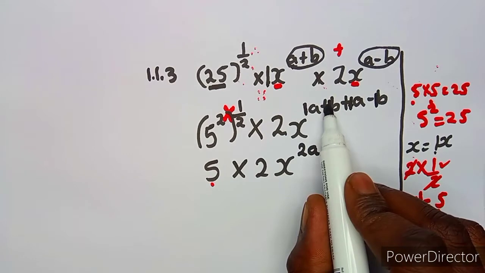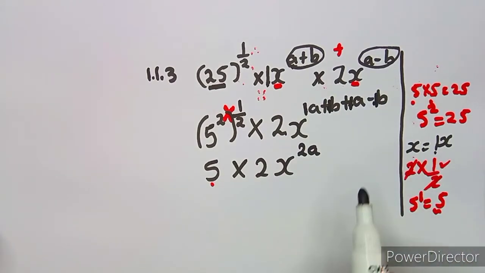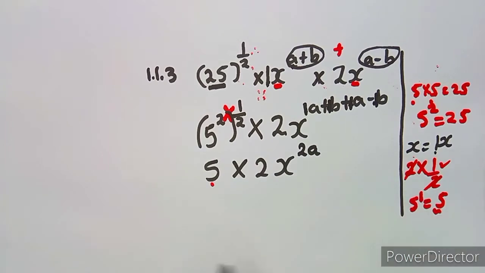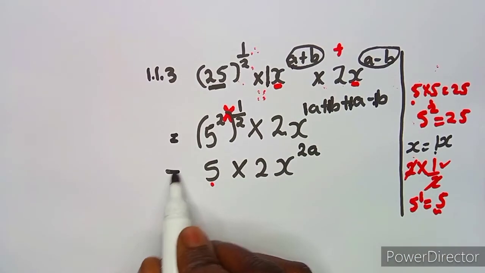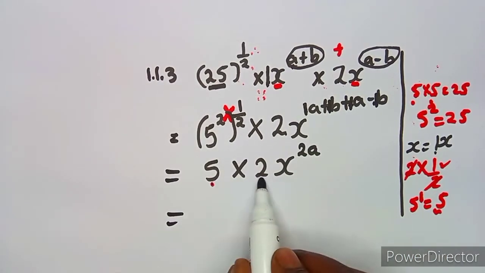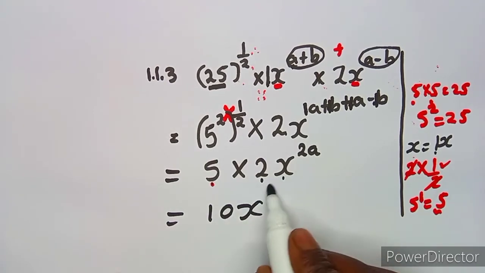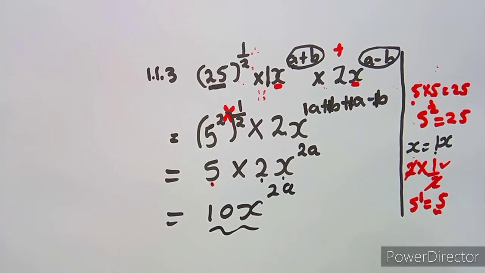It's the same as 1 minus 1, which is actually 0. So you're just going to be left with 2a. All right, so we can combine these two, 5 and 2, which is 10. x is just going to remain like that, but raised to the exponent of 2a. So that is what we had from this question.